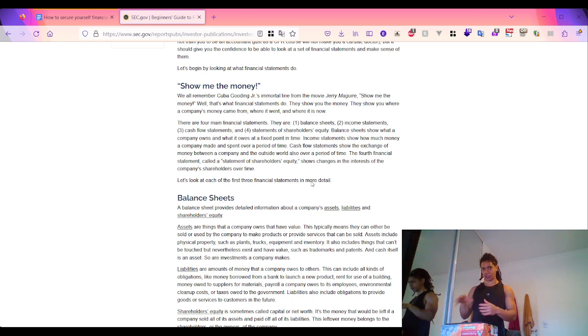Alphabet, the parent company of Google, that again invests in a variety of technology companies. For example, Calico, this longevity company, and Alphabet uses its venture capital arm, Google Ventures, to invest in these different companies.